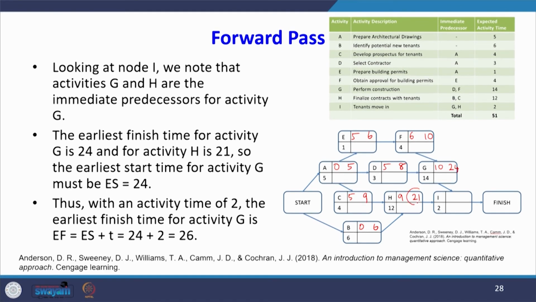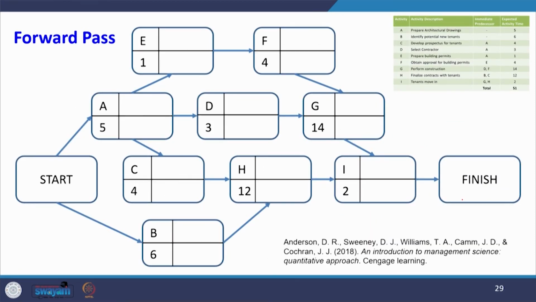Which is the larger one? 24 is larger. So, 24 will be the earliest start time for activity I. The duration of activity I is 2, so the earliest finish time will be 26.